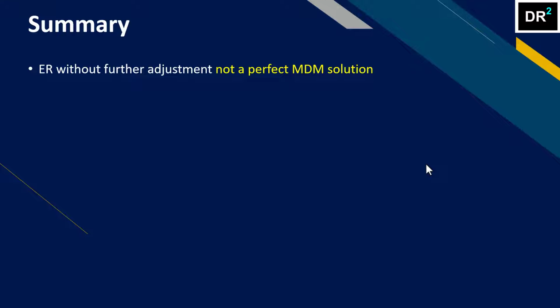Okay, as a summary, so what did we see? The electronic reporting export import job for master data management is certainly not a perfect master data management solution. There are many things that you can improve, and actually I did not show you the Power App that I mentioned in the beginning.